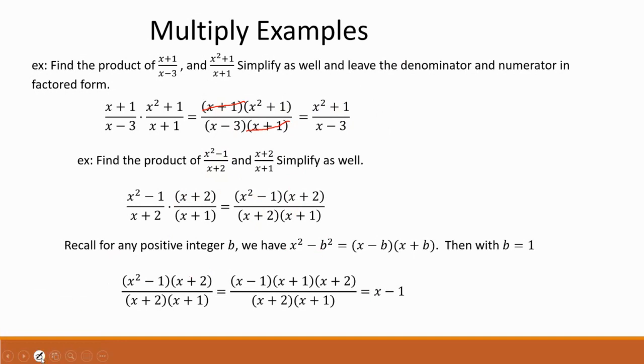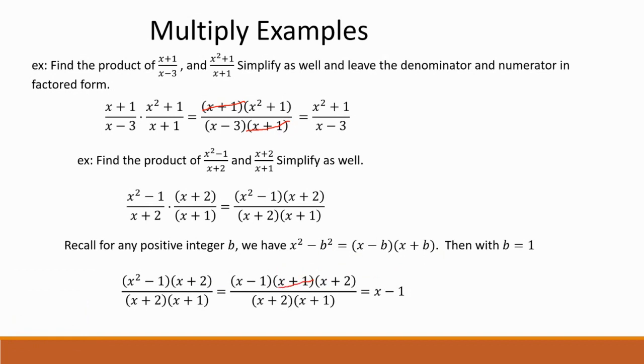Oh, wait, let me put the laser pen on. From this formula, right? We've seen this formula before. X squared minus 1 is x minus 1 times x plus 1. So from here we can cancel.